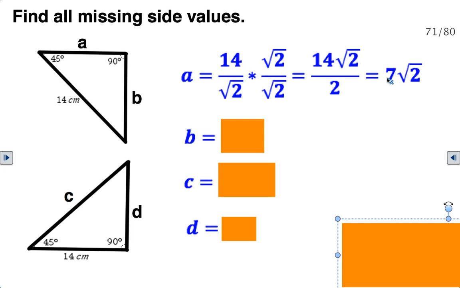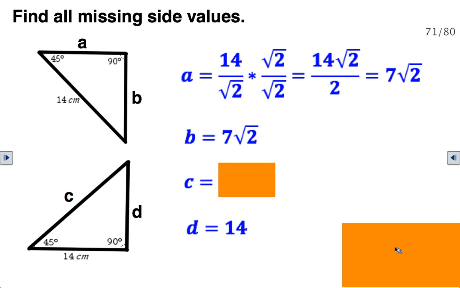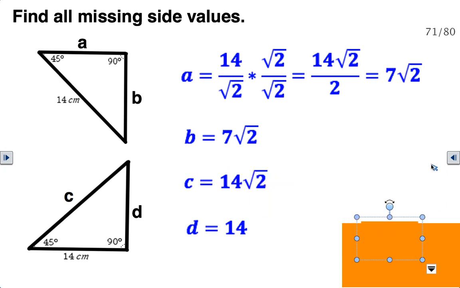Once you know side A, it's super easy to find side B. It's exactly the same thing. Same thing down here. If you know this measurement, then we already know that D is 14. If your leg is given and you have to find your hypotenuse, then you're going to multiply by the square root of 2, and you have all your answers there.